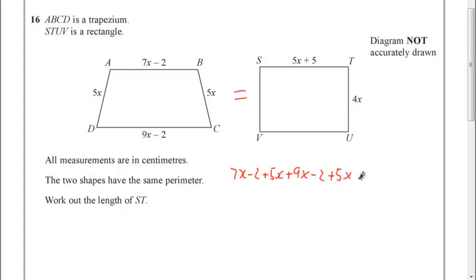I'm going to simplify that now. Right, let's collect all the x's together. A 7x, a 5x, a 9x and another 5x. So we've got 10x, 19x and a 7x, 26x.